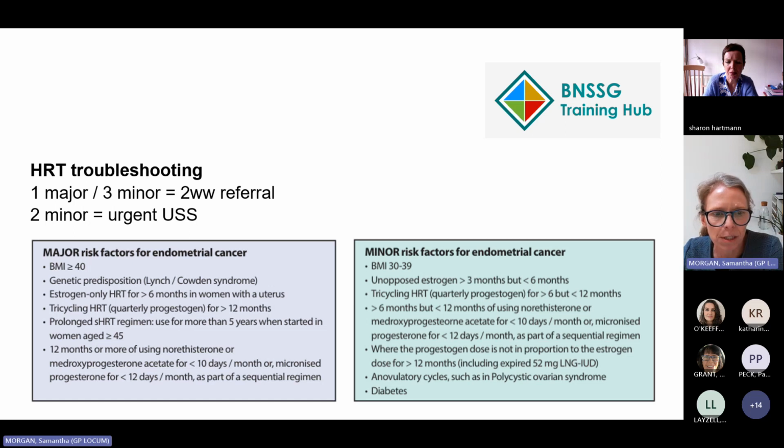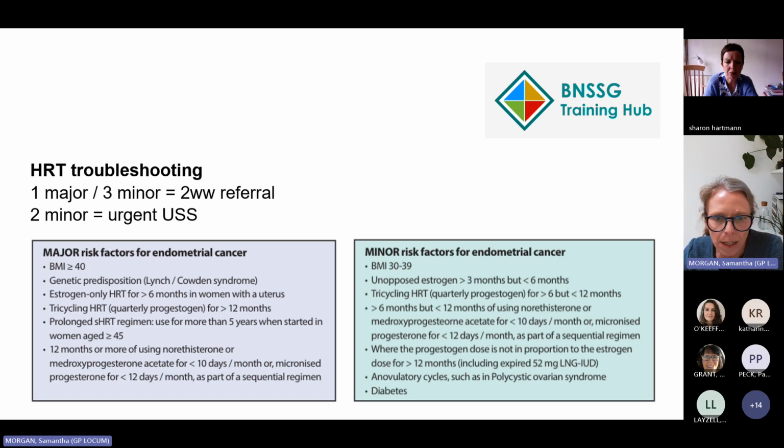And then the other major risk factors really are relating to how we're using HRT and different types of HRT. And again, I think particularly for us in primary care, especially if we're prescribing estrogen and progestogen separately, really inquiring a little bit with women around how they're using, for example, their Utrogestan, how often they're forgetting it, looking to see whether they've been on a sequential HRT for more than 5 years, which is considered a major risk factor.